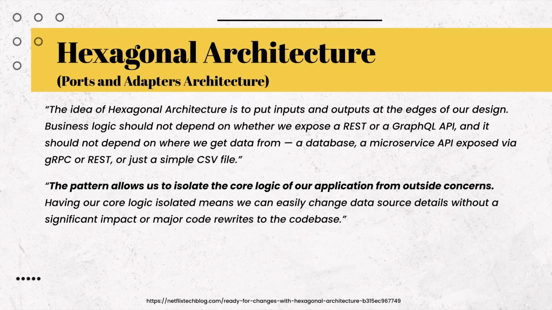The pattern allows us to isolate the core logic of our application from outside concerns. And that, in my opinion, is the most important part. Having our core logic isolated means that we can easily change data source details without a significant impact or major rewrites to the code base.